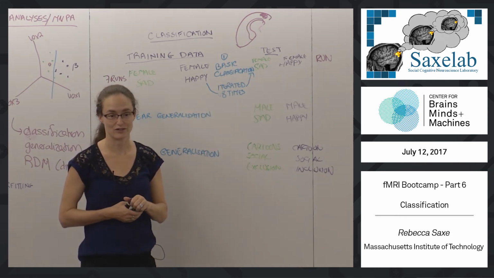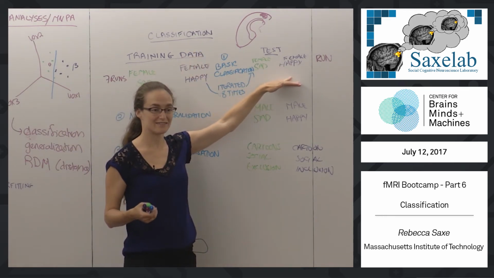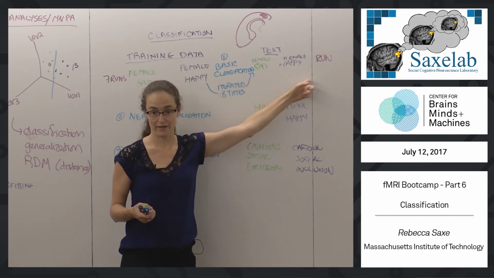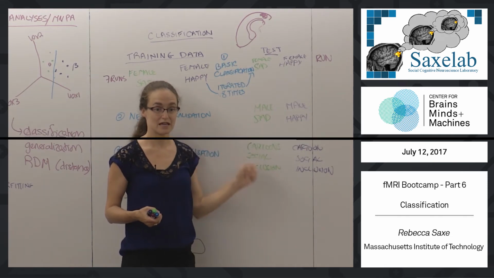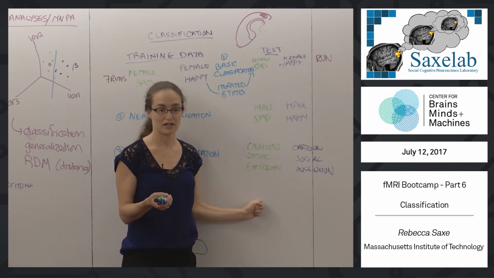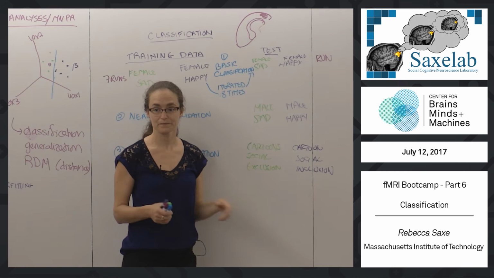No facial change, etc. And so there the question is, okay, is it the case that a region where we could classify female sad versus happy from training on that, and also male sad versus happy from training on the female faces, does that very same pattern of information generalize to classifying exclusion versus inclusion?